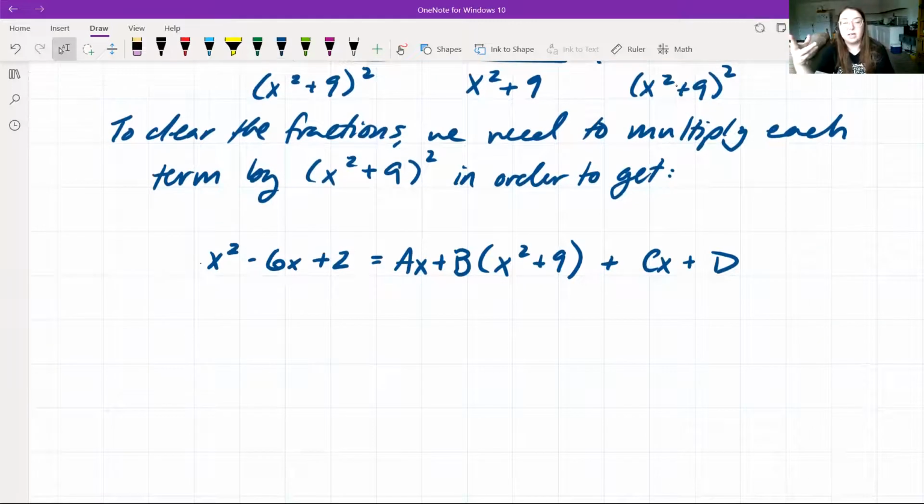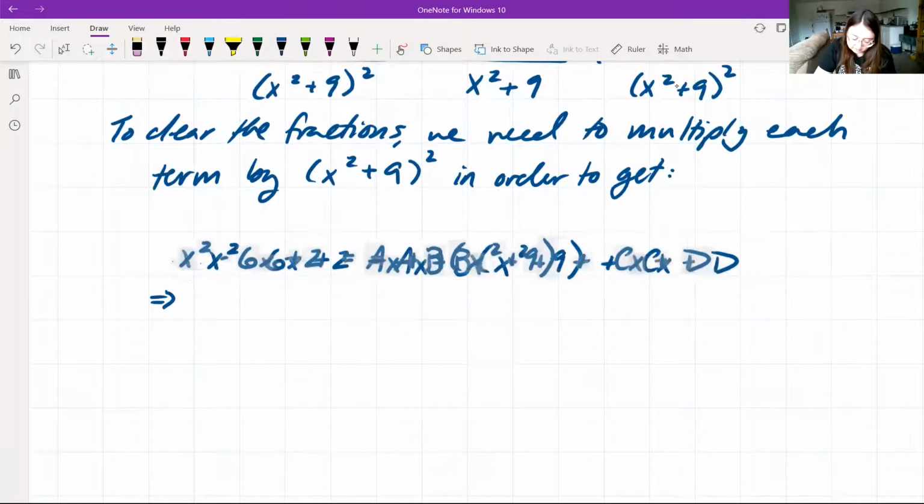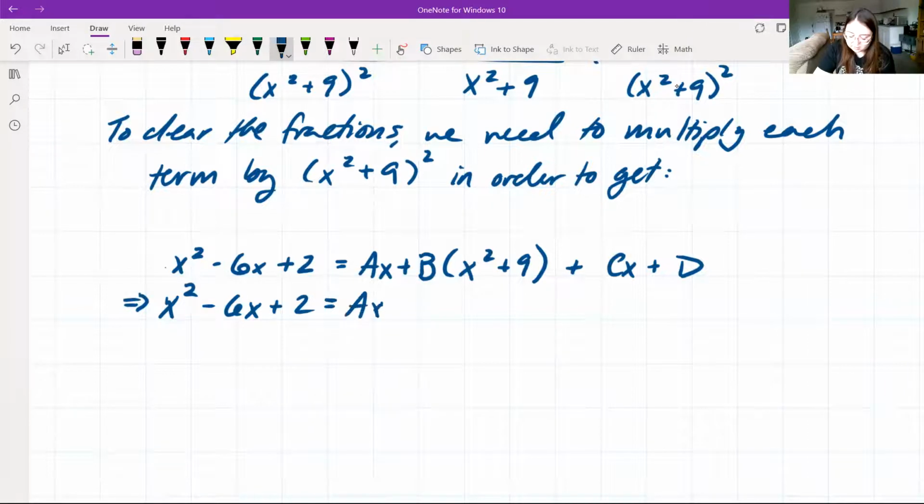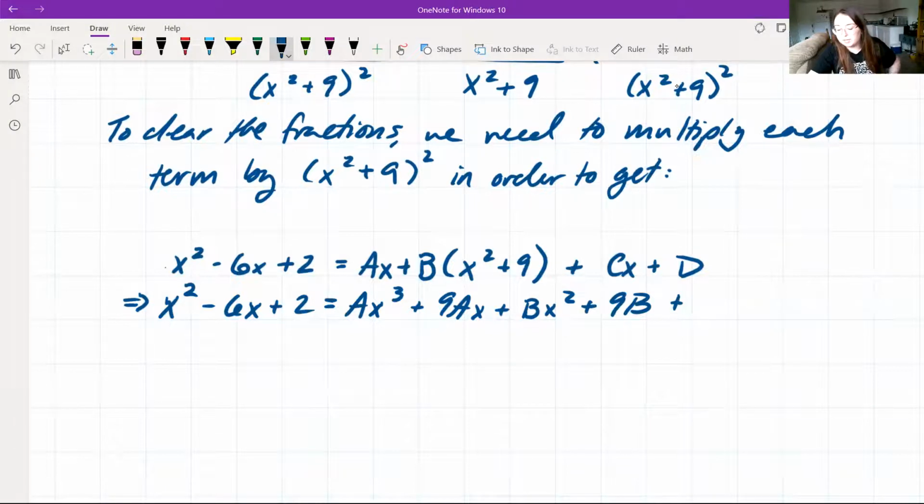So we want to expand as much as possible, and then we're going to collect our terms. We're just multiplying ax plus b and x squared plus 9 at this point. So when we multiply these together, we'll end up with ax cubed plus 9ax plus bx squared plus 9b. Then we have our plus cx plus d.